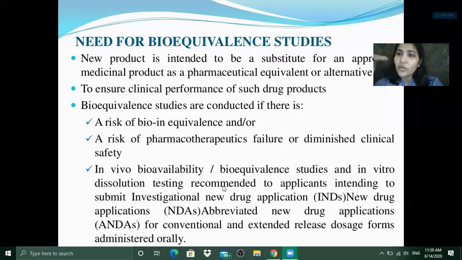You do in vitro, you do in vivo, and in vivo obviously means in animals. So when you are just trying to find out the bioequivalence between the two drugs, if the reference drug you are taking is already available in the market, then you would not go ahead and do the preclinical in vivo, or dissolution testing data is also enough for you to go ahead and do the bioequivalence studies.